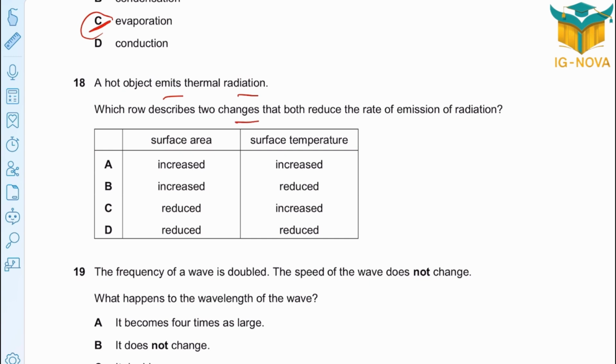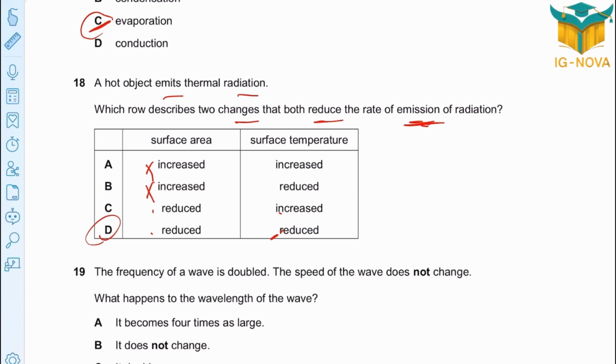Which pair of changes both reduce the rate of emission of radiation? For surface area, must it be increased? Surely no, it must be reduced. For surface temperature, it must also be reduced. Correct option is D.